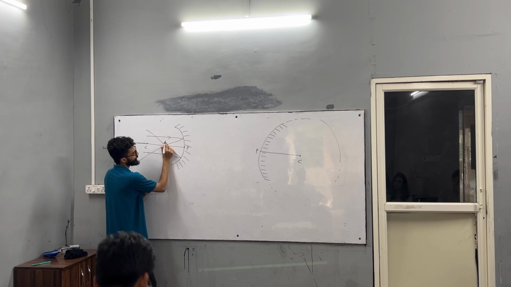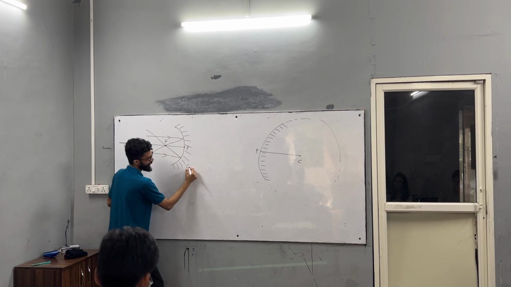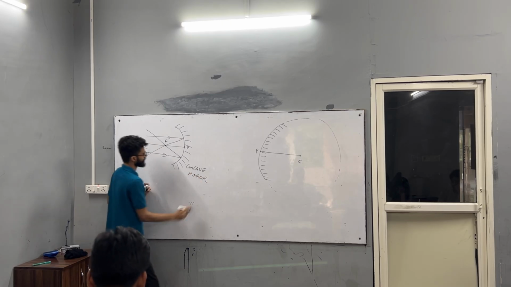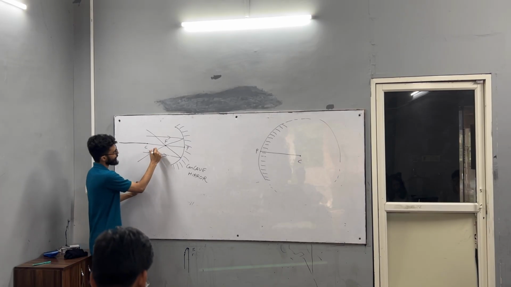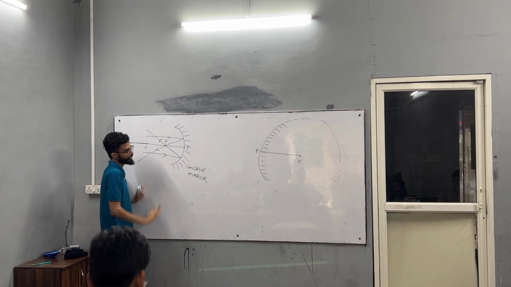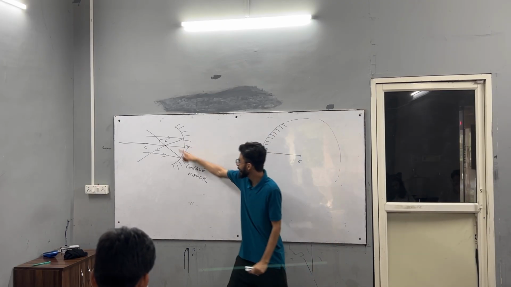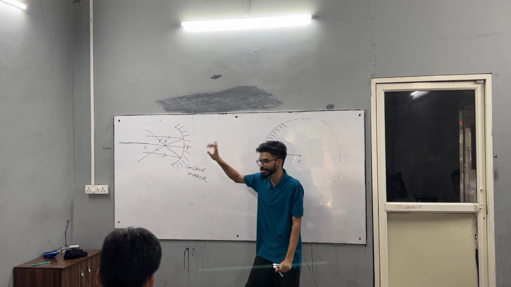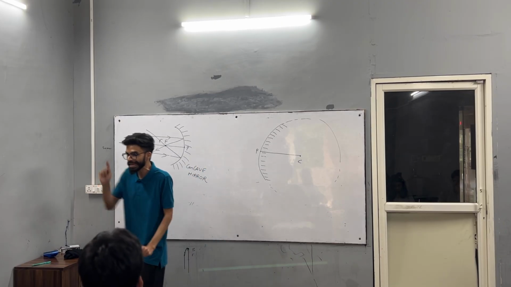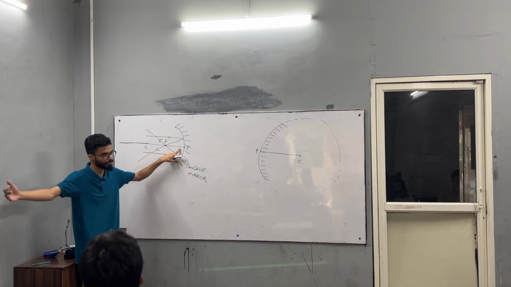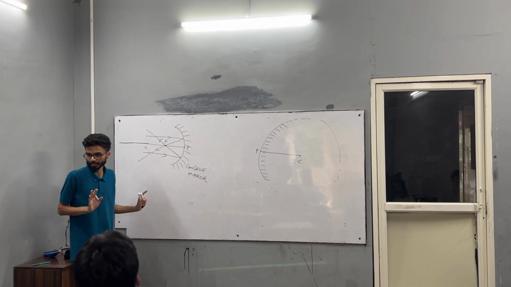We will call that the focus of my concave mirror. So these are my reflected rays. Does everyone understand? 2 incident light rays traveling parallel to the principal axis. After reflection, they intersect at a point on the principal axis. That becomes my concave mirror's focus.